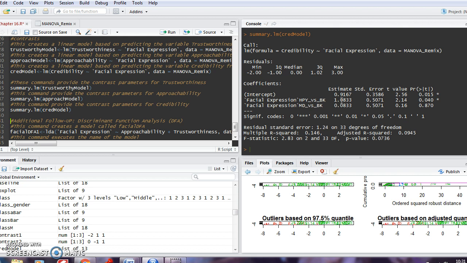Anyways, as far as happy versus blank, we see that there is a significant difference, but for mad versus blank, we don't see that difference. So it's suggesting that in terms of credibility, mad facial expressions and blank facial expressions were given similar ratings for credibility.